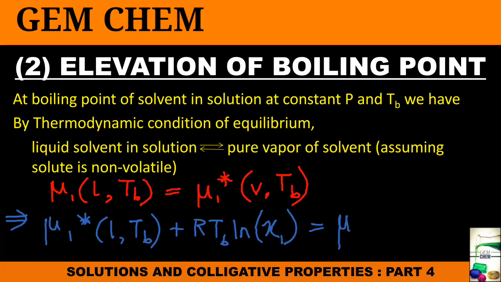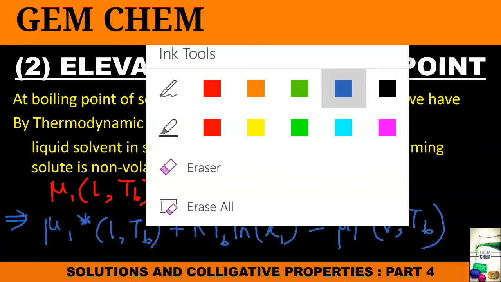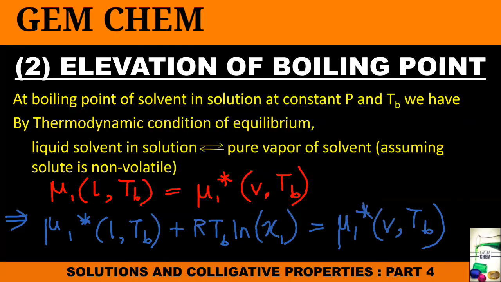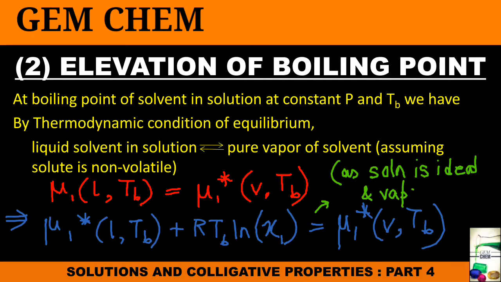The other side is written as it is, mu1 star vapor at Tb. Always write beside this line that the solution is ideal and the vapor behaves ideally.